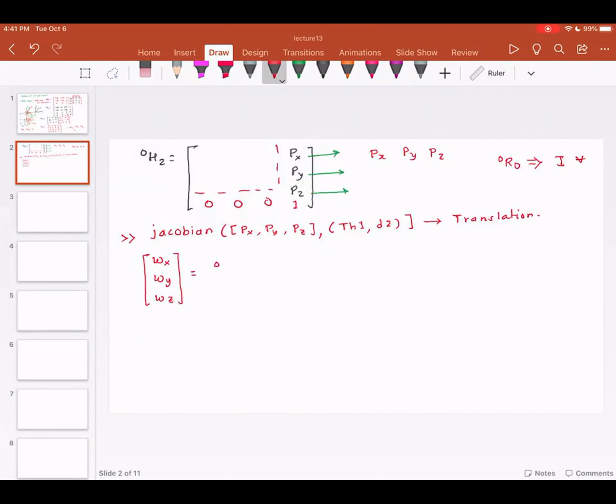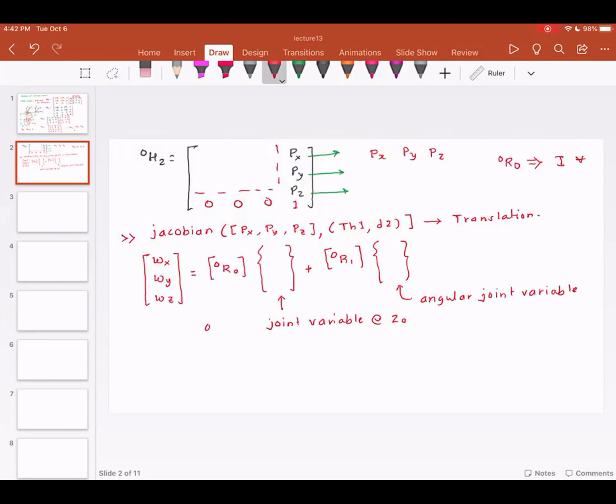What we have to do is take 0R0 multiplied by the joint variable about z0, plus 0R1 multiplied by the joint variable, essentially the angular variable about z1.